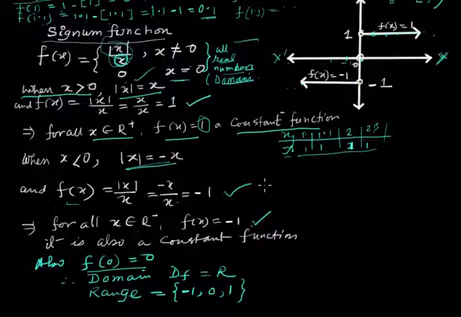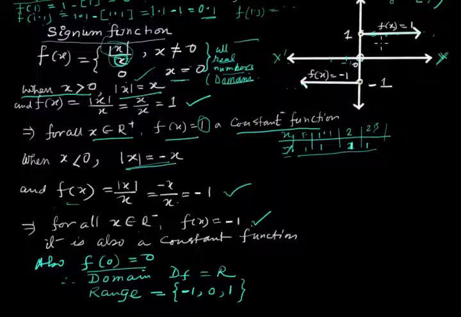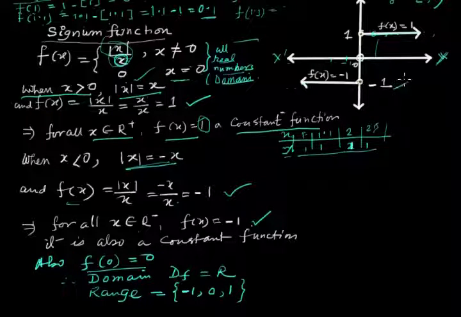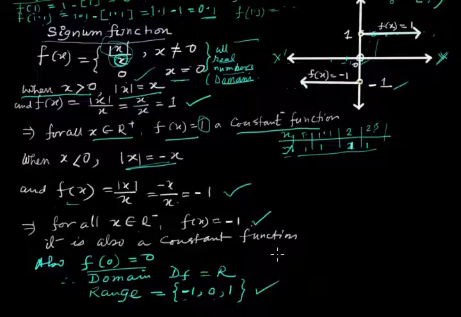So the domain is all real numbers, because for every x we get a value of f(x). And the range has only three values: minus 1, 0 and 1. Okay, thank you.